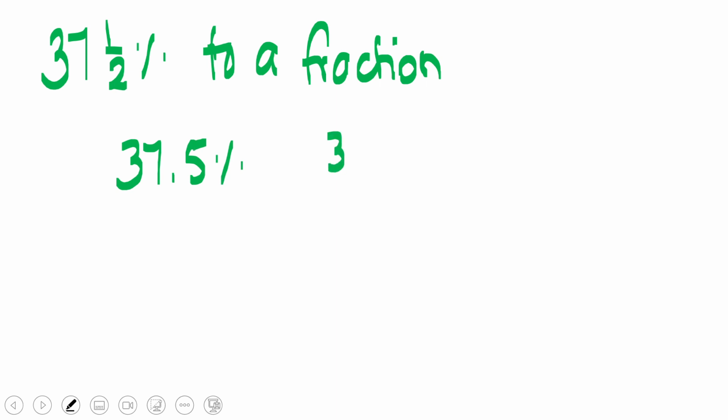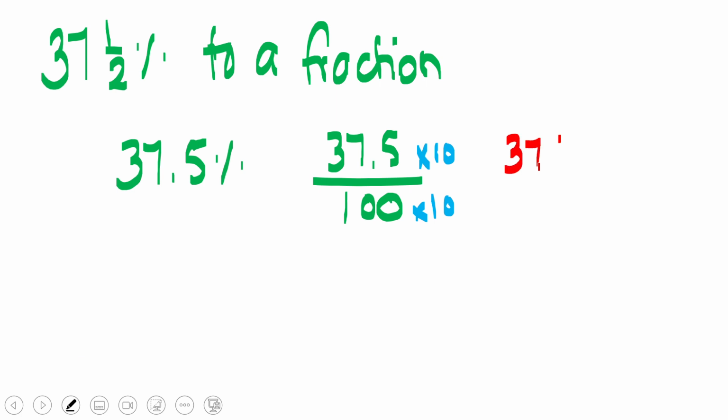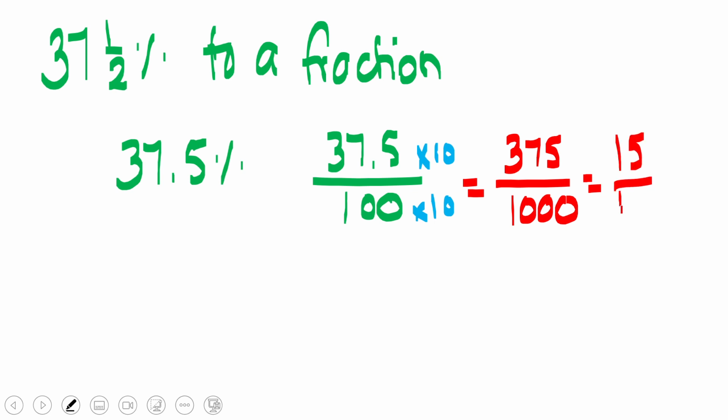Put that over 100. Alright, get rid of our decimal, multiply by 10, top and bottom. And we're going to have 375 over 1,000. Now we can reduce this fraction. We know 25 goes into both of those. 15/40 is what that would be. And still reduce, so it would be 3/8.